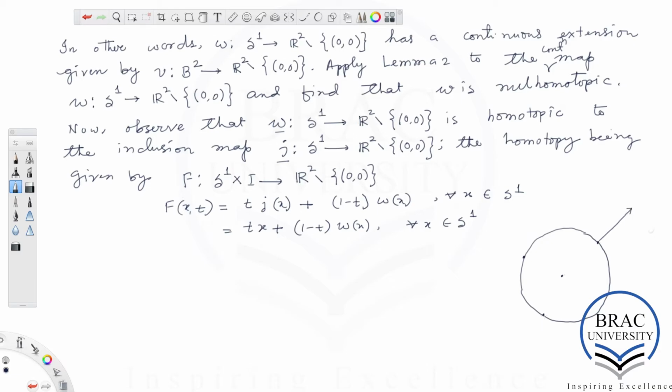So these are the directions of j of x. Okay, so this is j of x. So this point is y, this point is x, and this point is z.